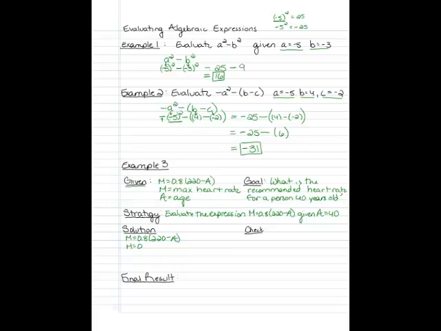So m is equal to 0.8 times (220 minus 40). 220 minus 40 is 180. 0.8 times 180 gives you 144 beats per minute. So we have our answer. M is equal to 144 beats per minute.